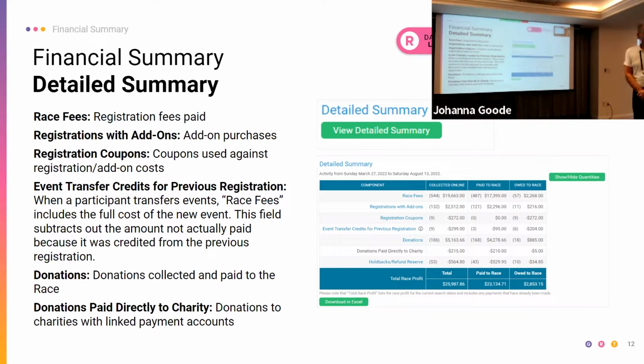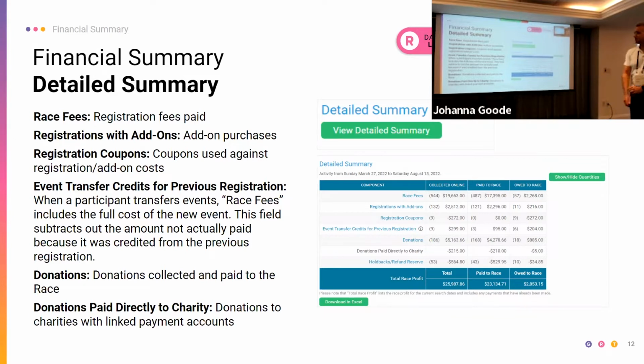It shows the race fees, which are your registration fees paid, registrations with add-ons and those add-on purchases, any registration coupons used to reduce the cost of those registrations, any transfer credits, donations collected and paid to the race, and then donations paid directly to charities shown as a separate line item. So that's an additional part of the transaction summary a little further down on that page.